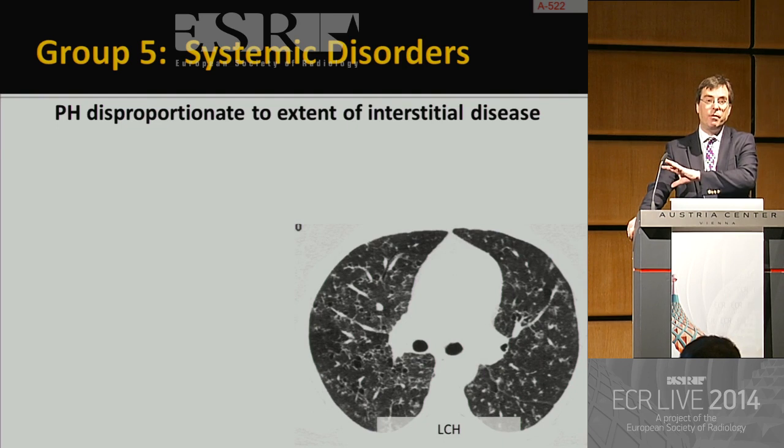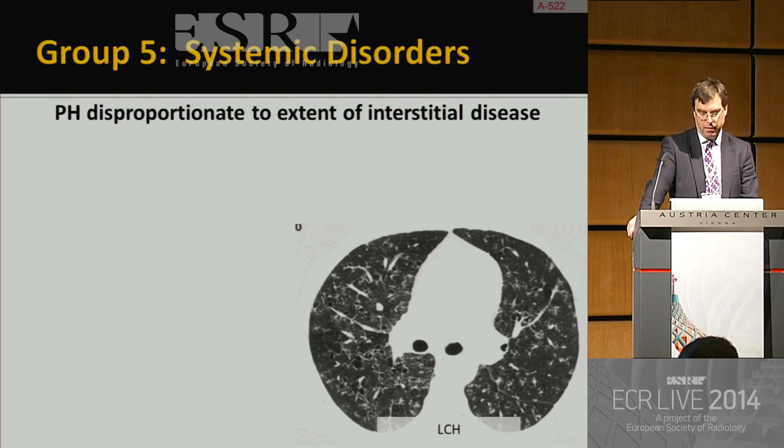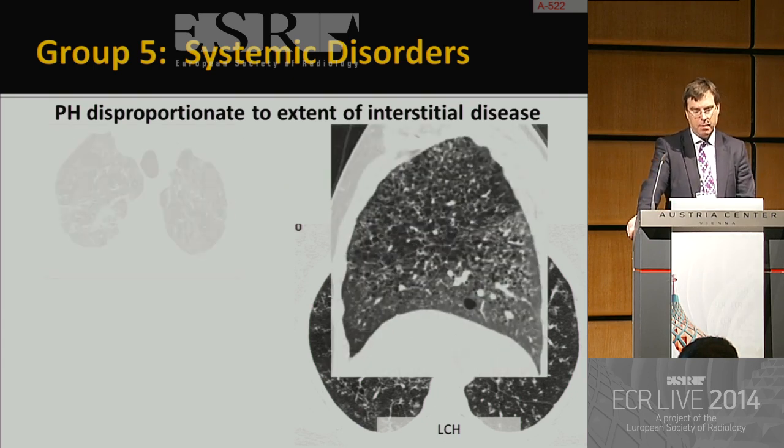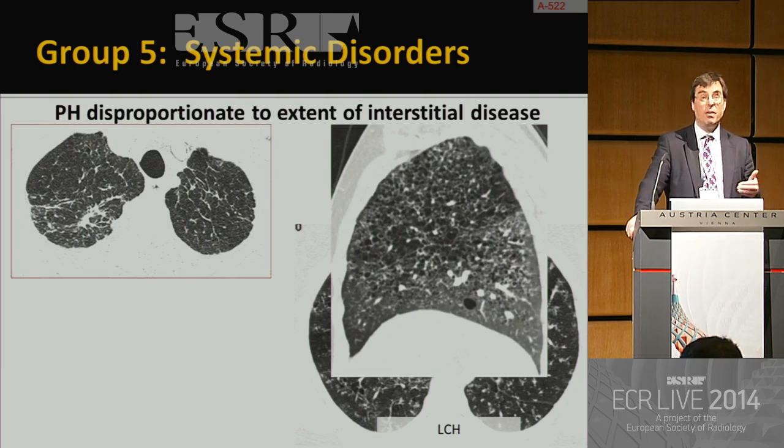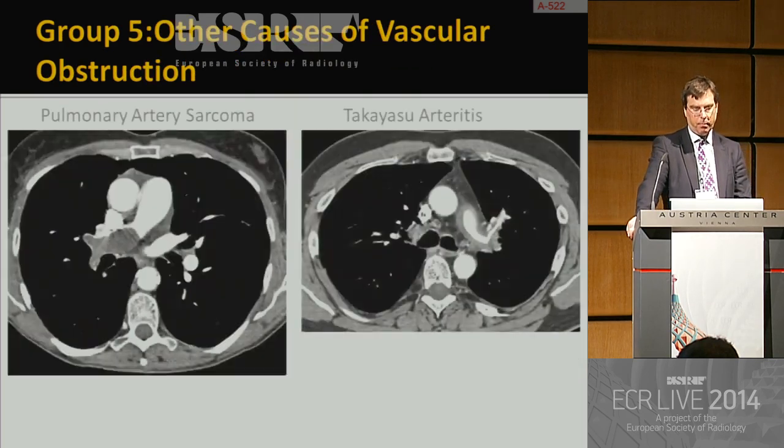You can also get infiltration of the vasculature and therefore disproportionate pulmonary arterial pressures in comparison to the severity of lung disease. The same applies to sarcoidosis. Granulomatous involvement of the small vessels can result in disproportionate pulmonary hypertension for the severity of lung disease. And the same would apply for systemic sclerosis, where you may have a mixed vasculopathy and interstitial fibrosis.